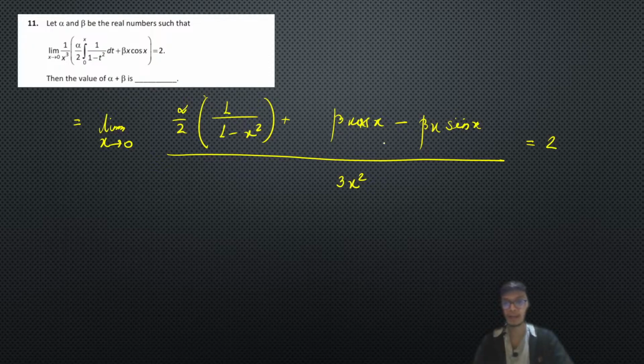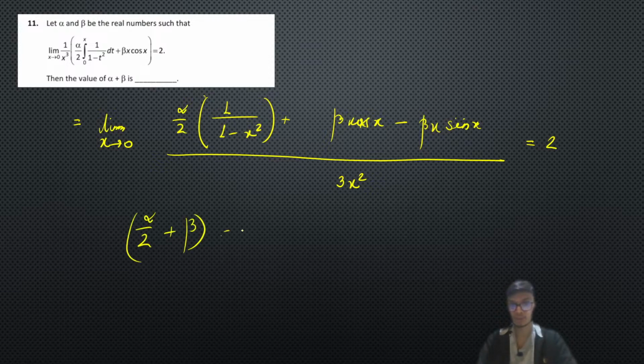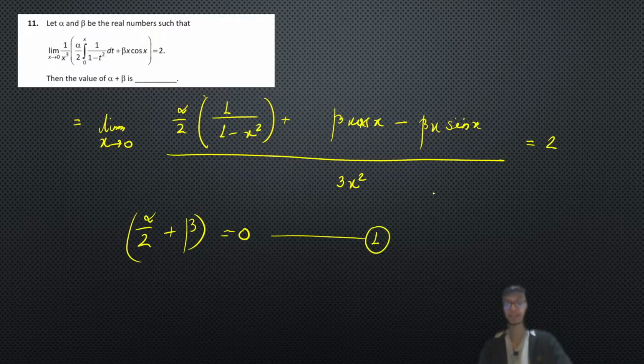Alpha by 2 plus beta, and the remaining thing is going to be 0 by 0 form. So to make this 0 by 0 form, alpha by 2 plus beta has to be equal to 0. Otherwise it will be a finite number by 0, which is not defined, while the limiting value is finite. So I have to make this adjustment so that it becomes a finite answer.